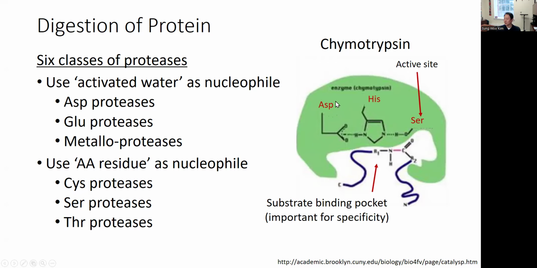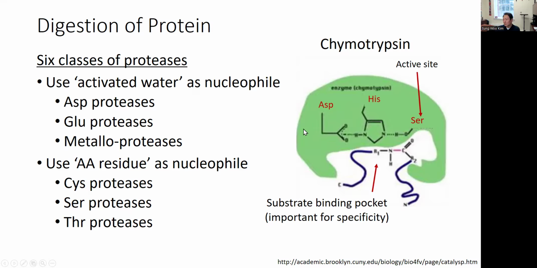Those are aspartate, histidine, and serine. So one of these three amino acids is serine, and serine is providing the active site of this enzyme. So we call that serine protease. Okay? That's how the proteases are classified.